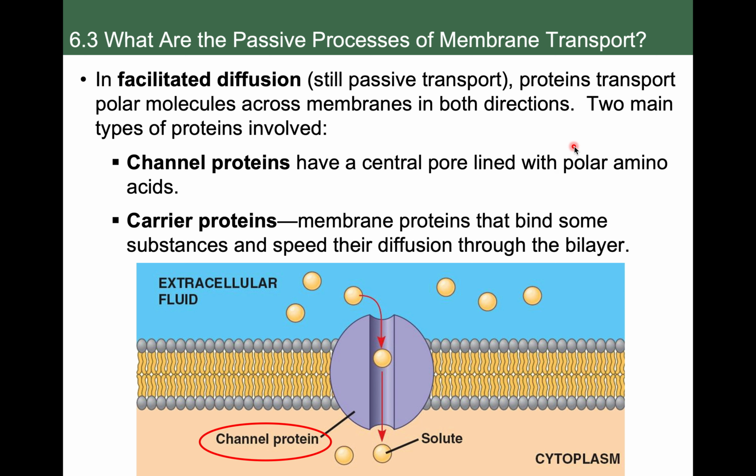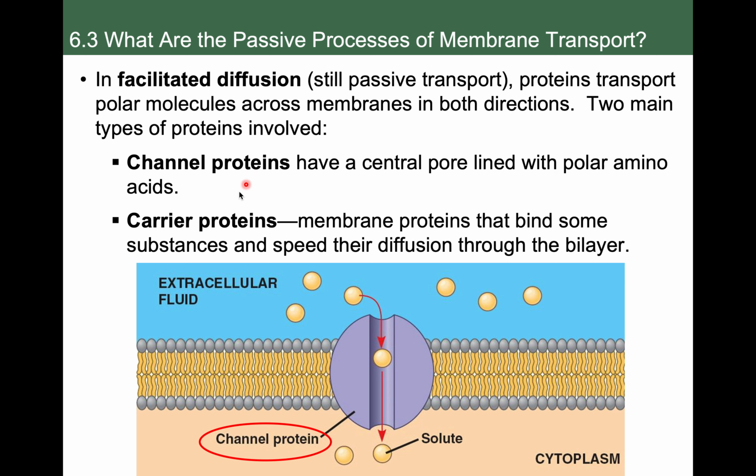Okay, so we talked about simple diffusion, right? Small nonpolar molecules can just diffuse straight across the membrane. Everything else is either not going to get across, or, as we talked about with water, it's going to need some help. So anytime you have something that's diffusing across a membrane with help, we're going to call that facilitated diffusion, right?